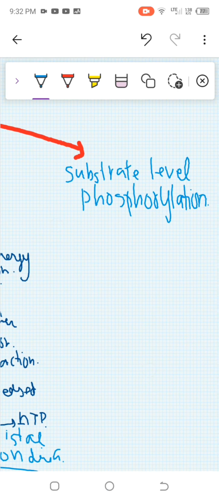What will happen here? Here basically energy is used. Which energy is used to form ATP? Here the enzymatic energy is used.